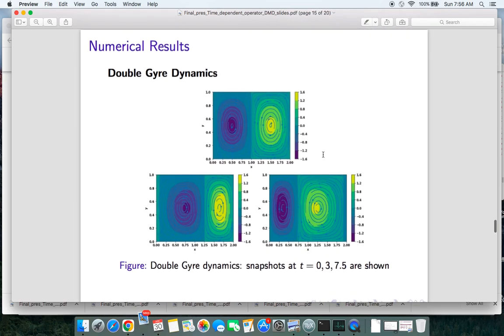Here we can see the dynamics of double gyre. Initially, we have these two counter-rotating vortices, and over time we see that the one on the left is expanding, and after some more time we'll see that it's contracting.